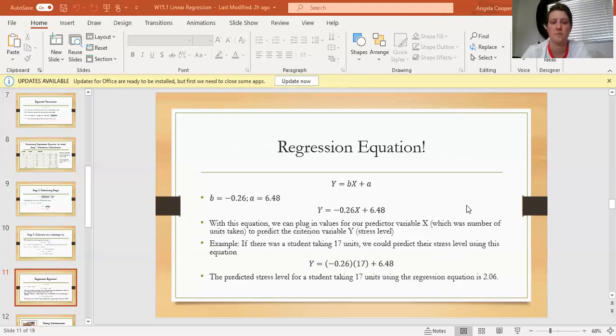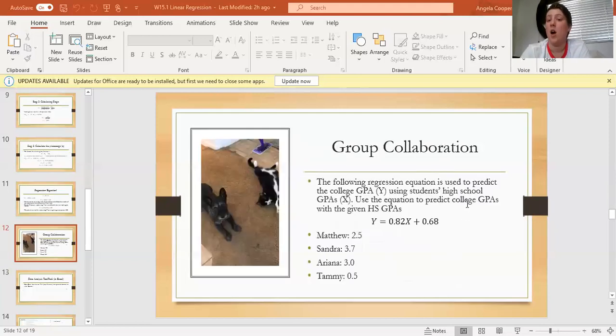Okay, so group collaboration, I know we can't really do this, but let's go through this. The following regression equation is y equals 0.82x plus 0.68. Remember, 0.82 is our slope, our b, and 0.68 is our y-intercept, our a.